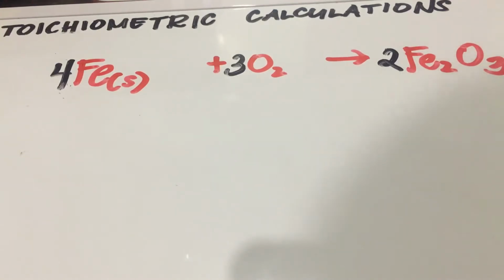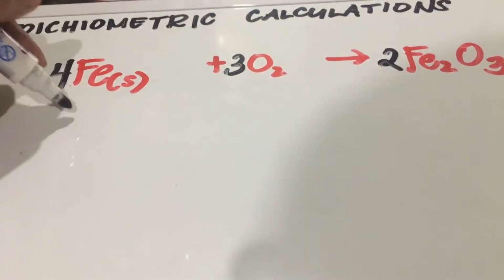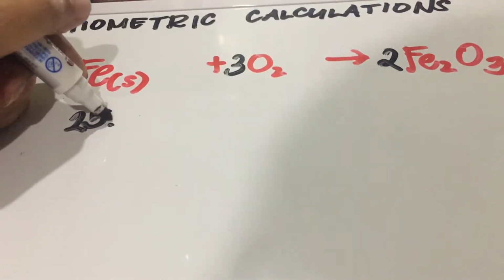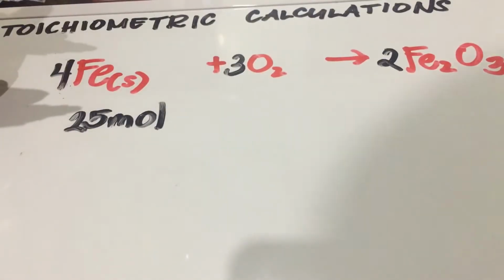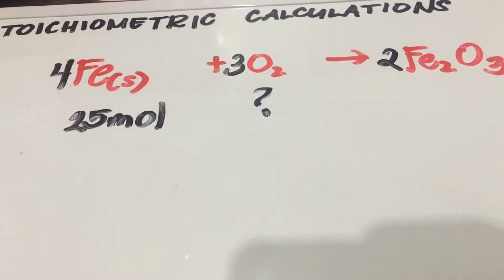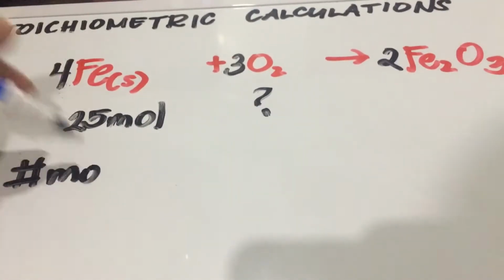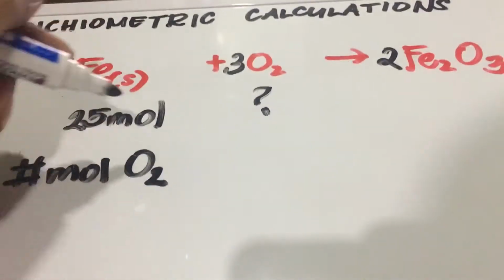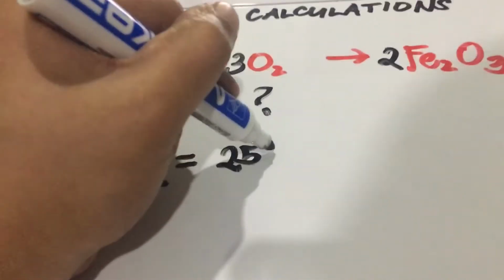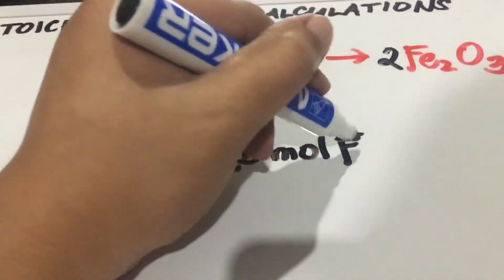Okay, so we are given 25 moles of iron, right? So let's just place it here, since this is a shorter way of doing it. 25 moles of iron, and then we are asked how many moles of oxygen will be reacting with those 25 moles. So let's start. So what we can do is have number of moles of O2 equal to what is given, 25 moles of Fe.